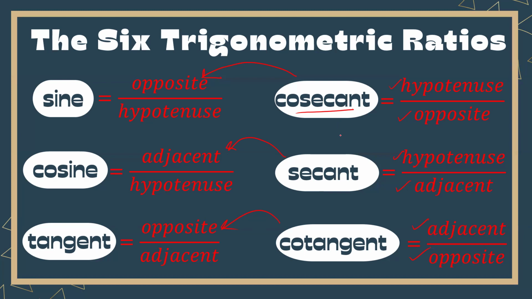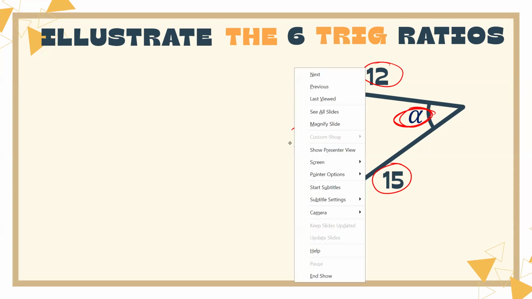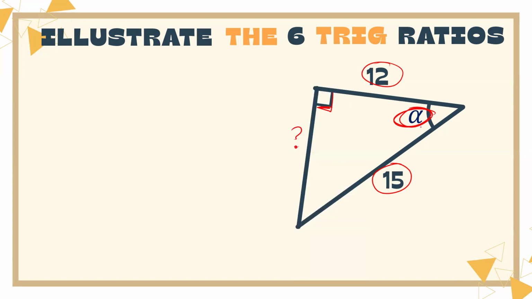Okay? Now, if we take this example to illustrate the six trigonometric ratios, we're given the two legs of a triangle. We know where the right angle is, and the angle alpha is being highlighted here, and we do not know the length of this leg opposite to angle alpha.